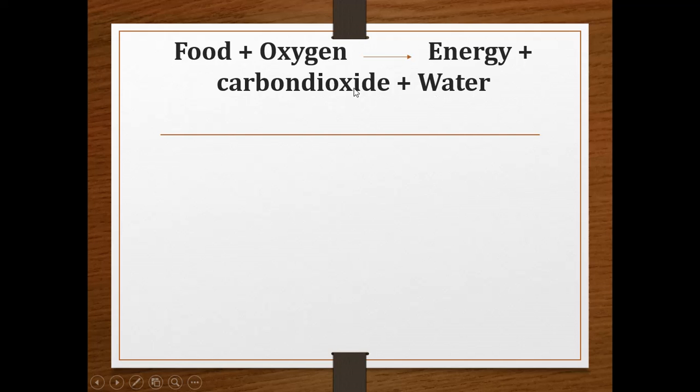So carbon dioxide will be released as a waste product, and the excess water which is present in our body will be released. So during the respiration process, food reacts with oxygen and produces energy which is needed for our work, and carbon dioxide plus water.